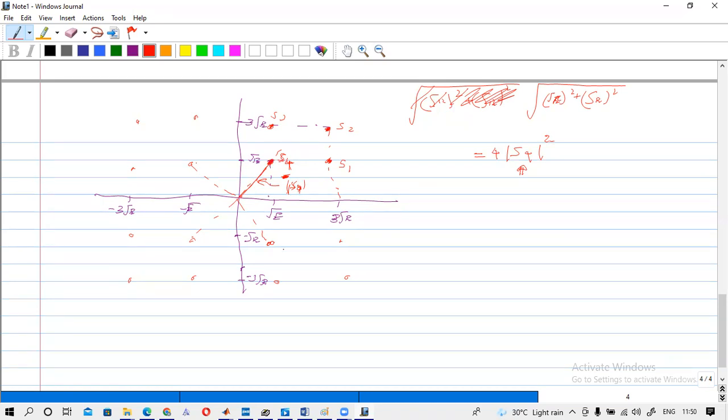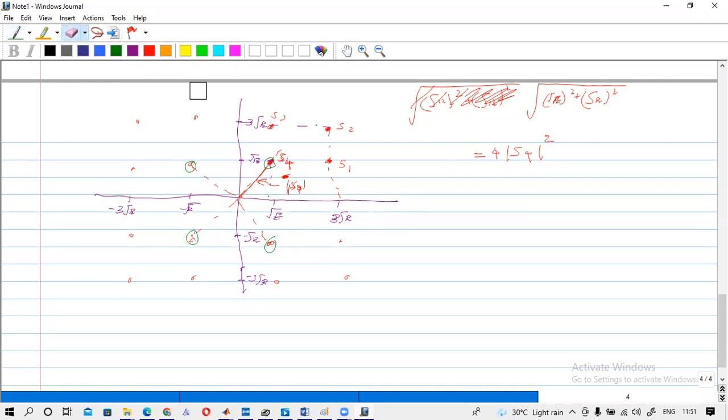Then I have four such symbols, so I multiply it by 4. So this term is the energy of this symbol, this one, this one, and this one. It is 4 times the magnitude of S4 squared. Correct?